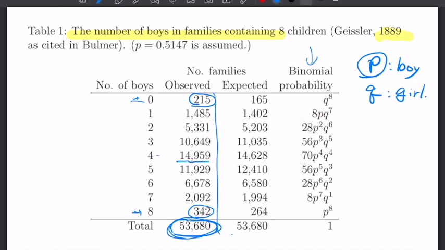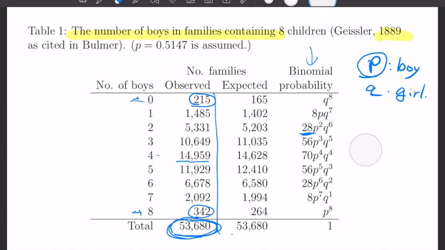So this P is one boy. Q to the power of 7 means 7 are girls. And this 8 comes from the combination. So 8 out of 1 and 7, so that is 8. Okay. So and so on. So 28 should be 8 choose 2.